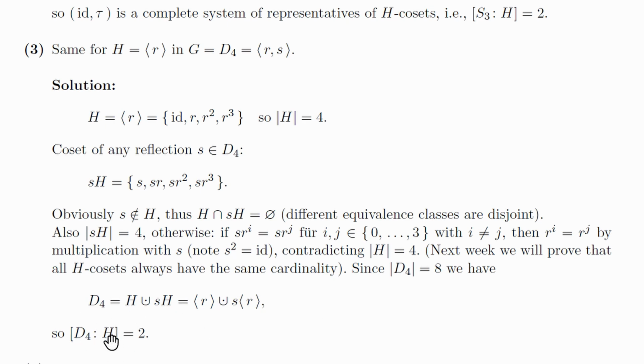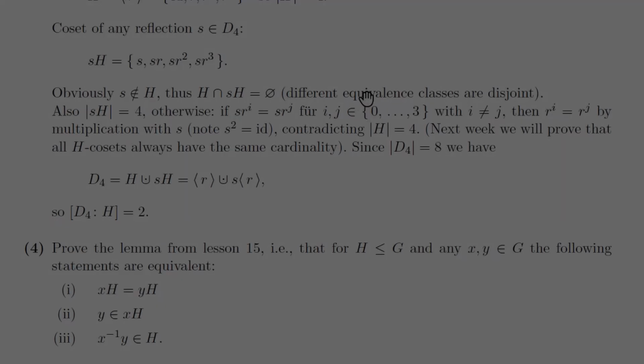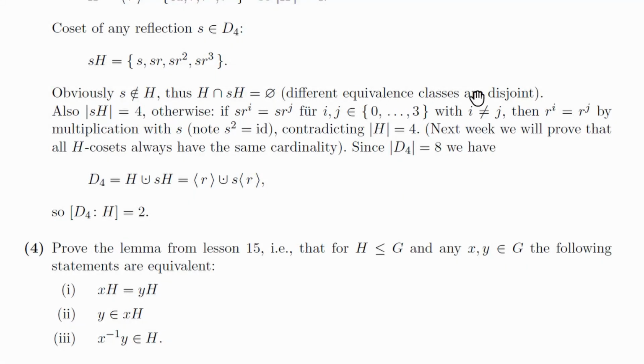And again, the index of this subgroup in the whole group is 2, because there are only 2 different cosets. And when I was talking about equivalence classes or an equivalence relation, I meant exactly this one here that we are going to take a closer look at in exercise number 4.